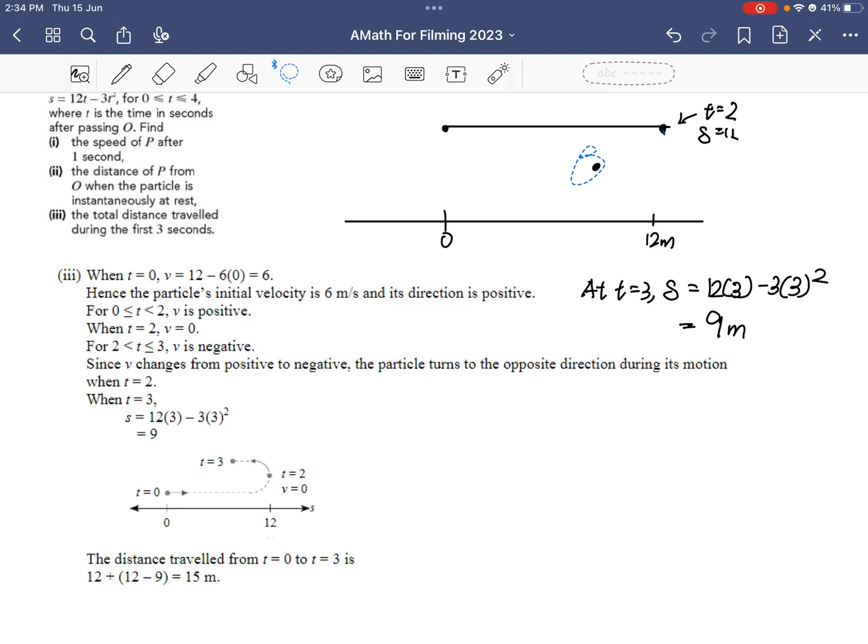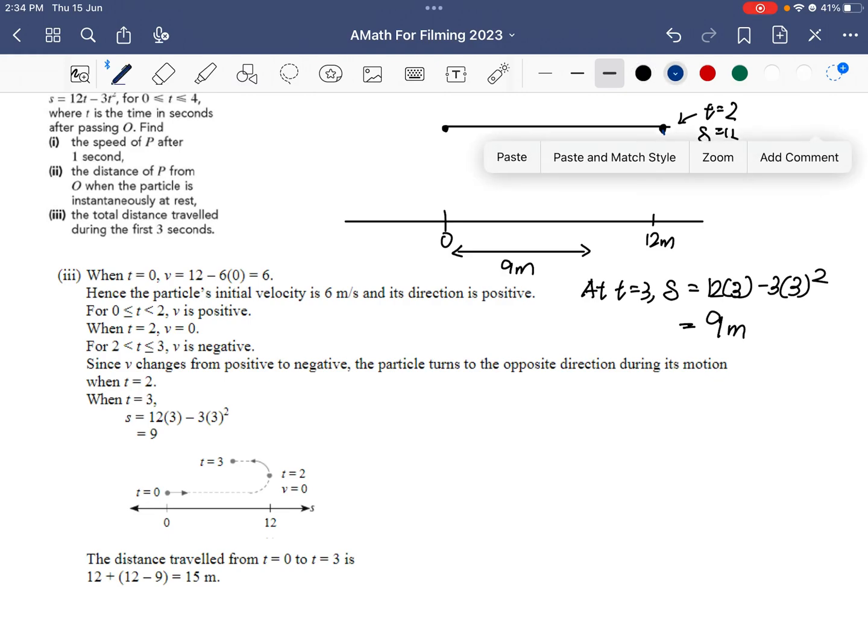So where is this 9 meters? 9 meters is the displacement, the distance the particle is away from the origin. So actually this 9 meters is right here.